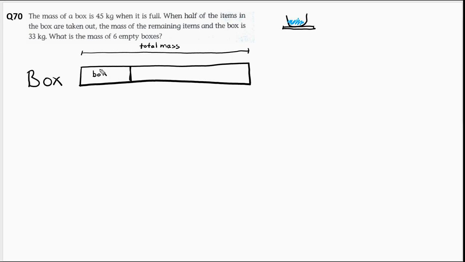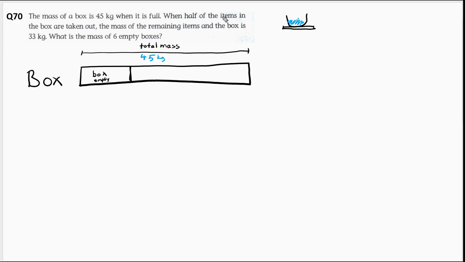This is the empty box. That's the box when it's empty. And this bit represents the contents. Now, we've been told that the total mass is 45 kilograms when it's full.